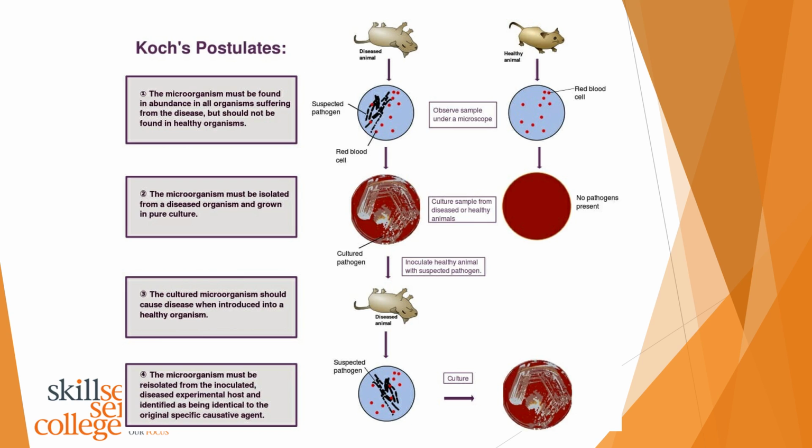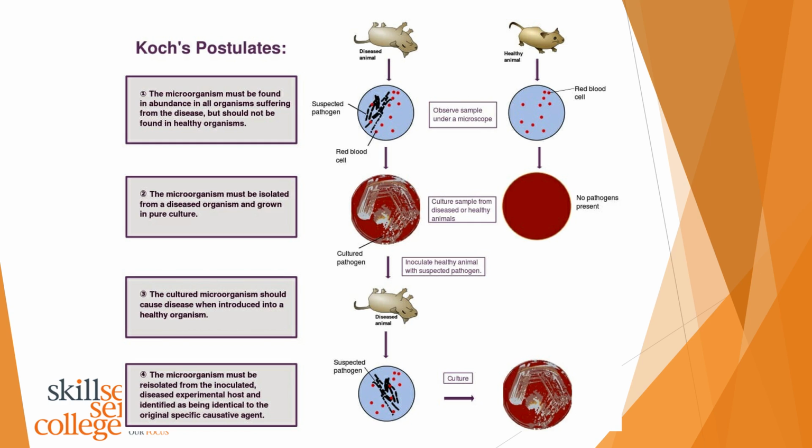So Robert Koch came up with a bunch of postulates, and they are called Koch's postulates. He postulated, so a postulation is kind of like a prediction. He stated that the microorganism must be found in abundance in all organisms suffering from disease, but should not be found in healthy organisms.